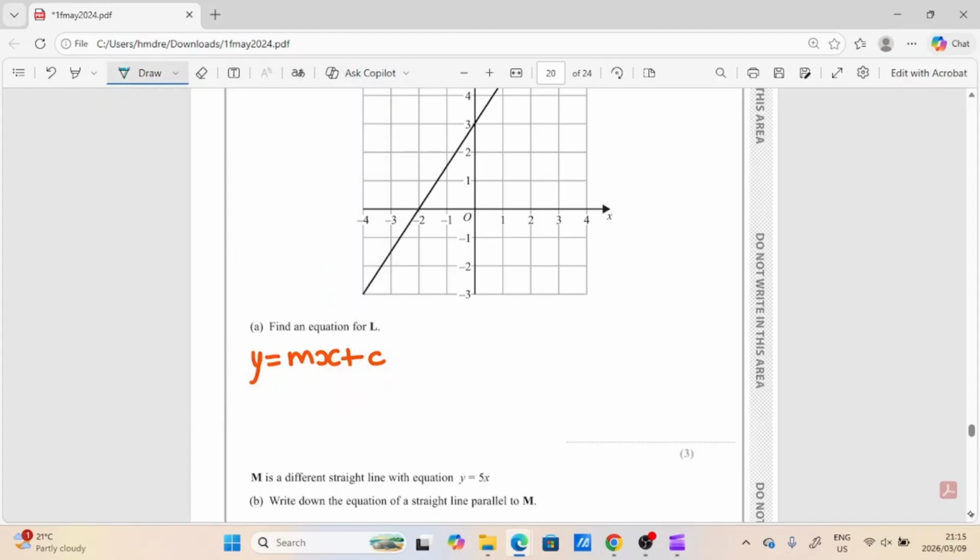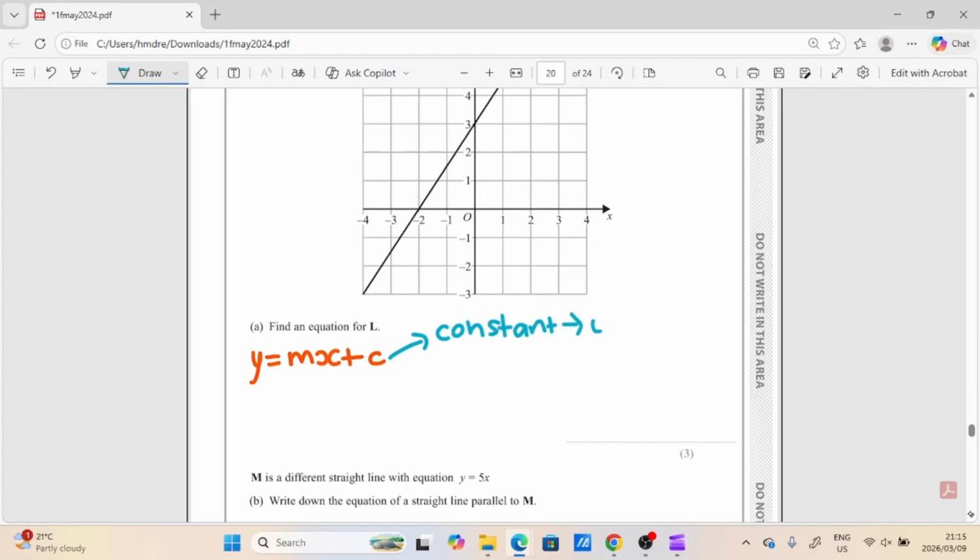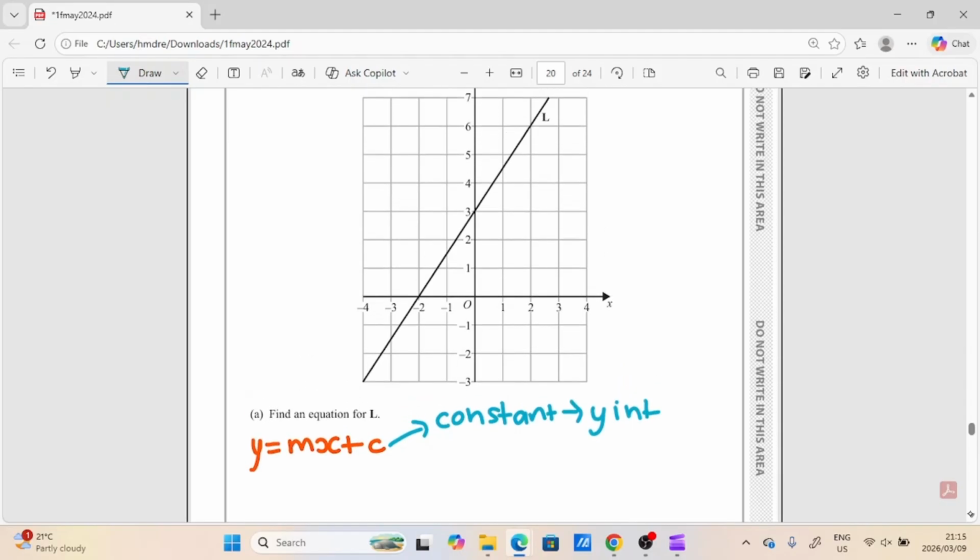So c is the constant. It is also the y-intercept. So where does this line touch the y-axis? You can see here, pretty straightforward, it's at 3. And so all we say is y is equal to mx plus 3.